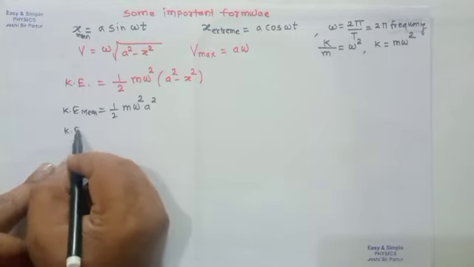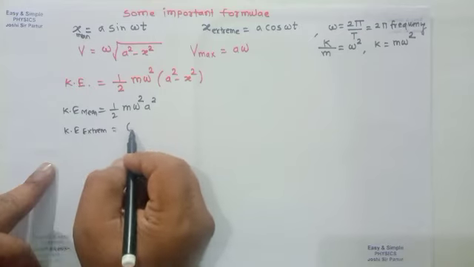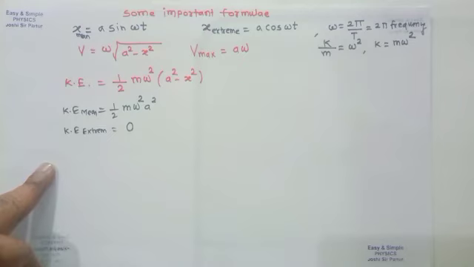And kinetic energy for extreme position will be 0, because x equal to a, so a square minus a square becomes 0.